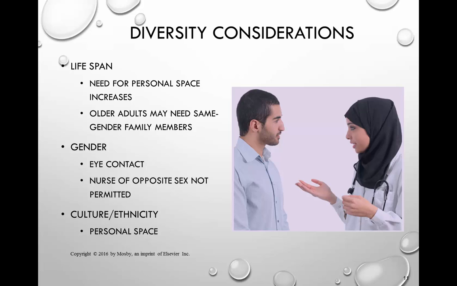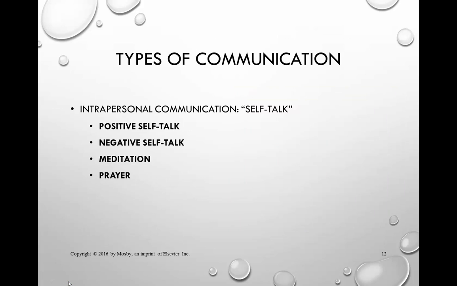It can help us understand whether or not we're going to have people of the opposite gender care for people that are not their gender, and we need to be respectful of this. And we also need to look at culture and ethnicity, because each culture has their own values as to who and when can enter certain spatial domains, such as personal space.